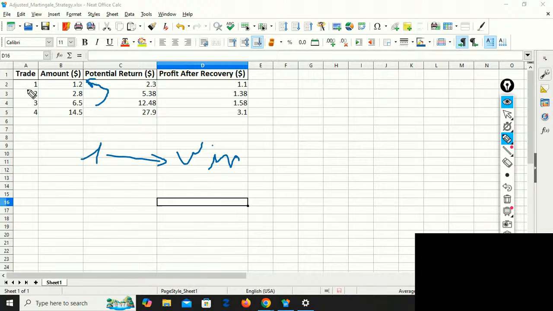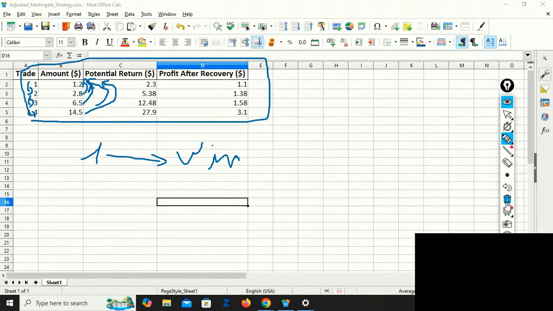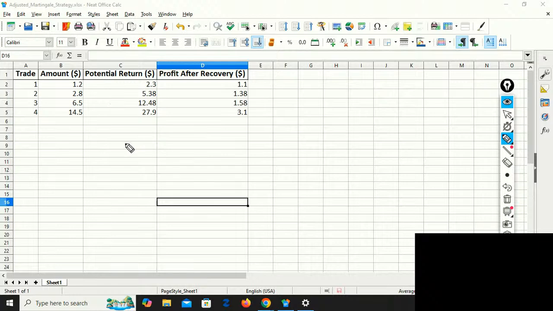If you lose, you go to your next trade. If you win this one, you go back to the first. If you lose, you go to the third trade amount. If you win, you go to the first trade amount. If you lose, you go to the fourth. If you win, your cycle has ended. You go to the first trade. And if you lose, you stop. So your total loss, in case you lost 4 trades in a row, is $25.